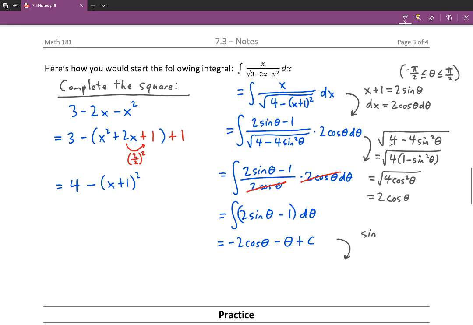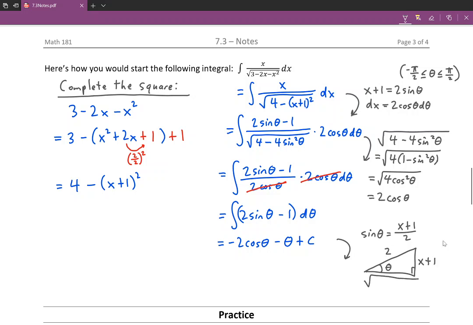So sine theta is going to be x plus 1 divided by 2. Go back to our original substitution and just divide by 2. And we can make a little triangle with angle theta in it. Opposite side will be x plus 1. Hypotenuse will be 2.